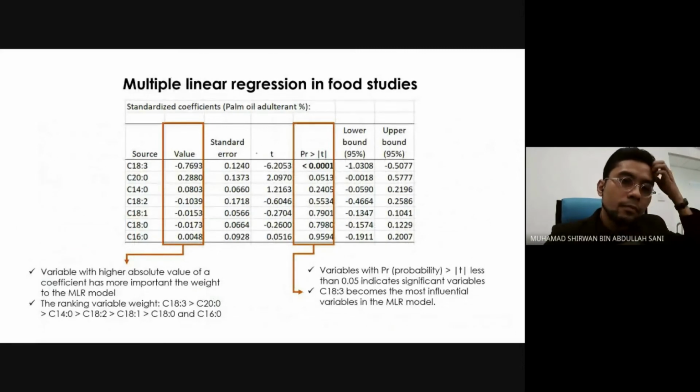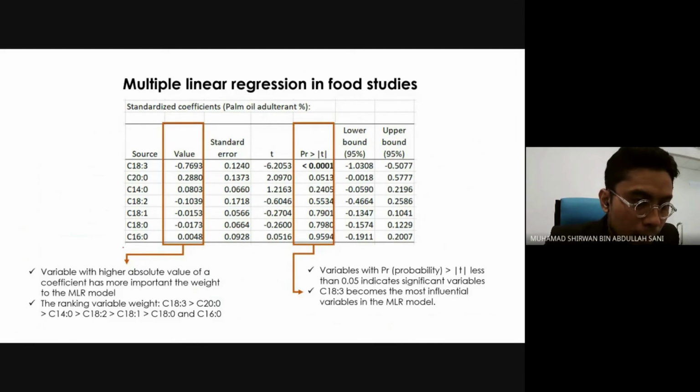Okay, so from here you can see a variable with a higher absolute value of coefficient has more weight in the MLR model, meaning that it has more significant value. The ranking of variable weight is C18:3, C20:1, C18:2, C18:0 and C16:0.